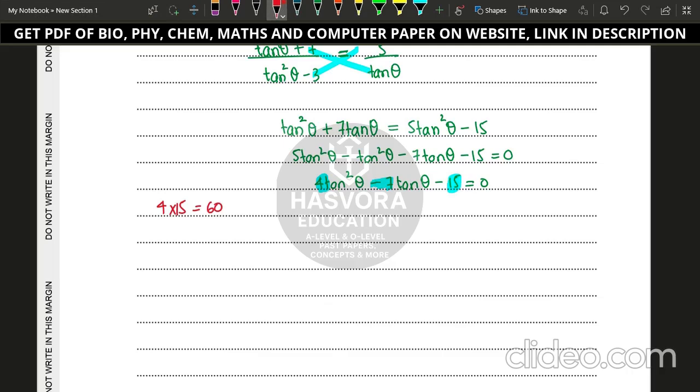And if I take minus 12 plus 5, it is going to become minus 7, right? So I can take that as my factor. So this becomes 4 tan square theta minus 12 tan theta plus 5 tan theta minus 15 is equal to 0. So this becomes 4 tan theta into tan theta minus 3, plus 5 into tan theta minus 3 is equal to 0.